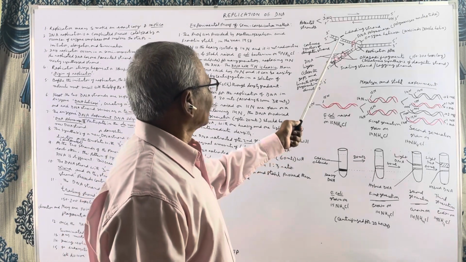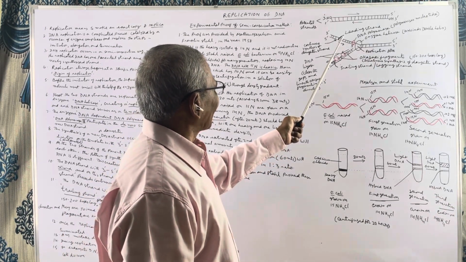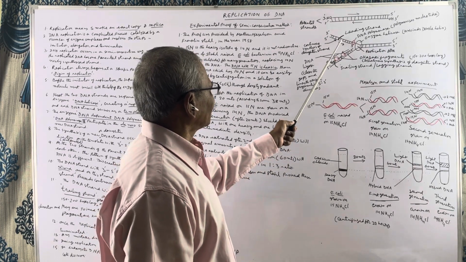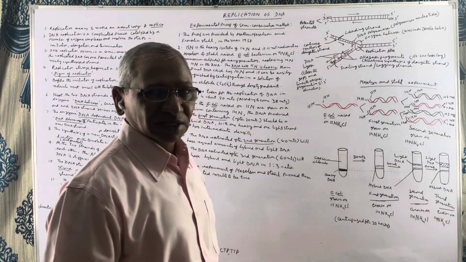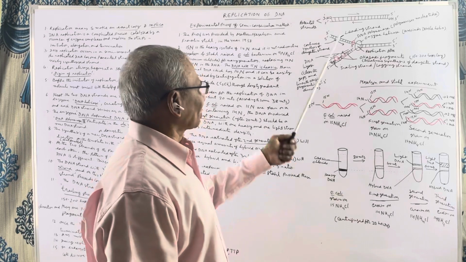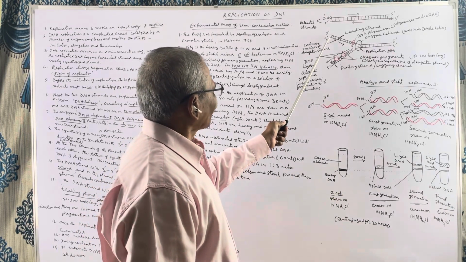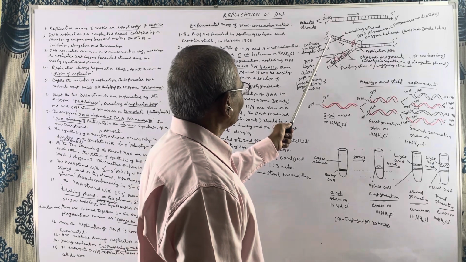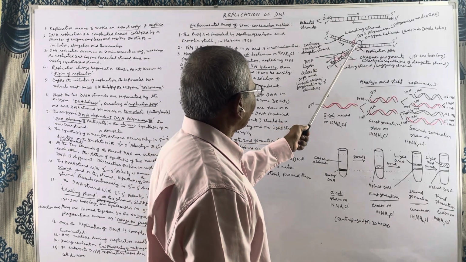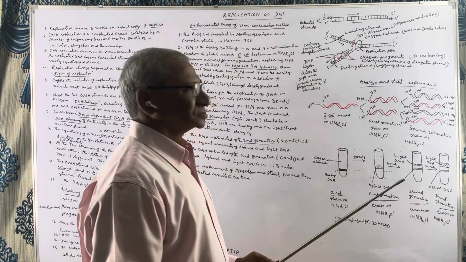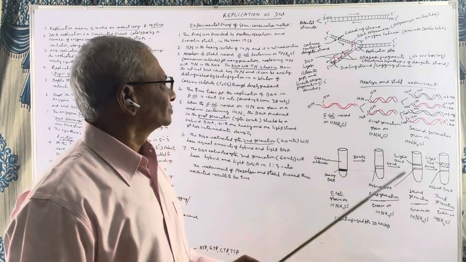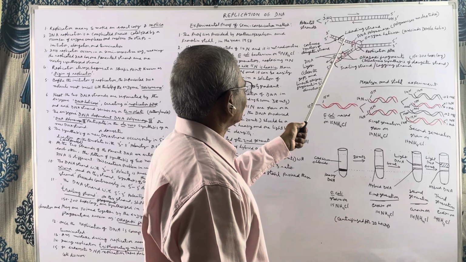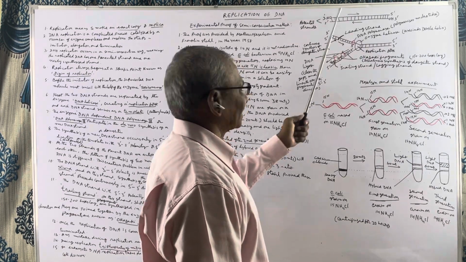So this strand is anti-parallel to this strand, parental strand. The newly synthesized DNA strand is anti-parallel to the parental strand. So there is no problem. Replication of this strand takes place continuously from 5 prime to the 3 prime. It's a continuous synthesis. And this newly synthesized DNA strand is known as leading strand.